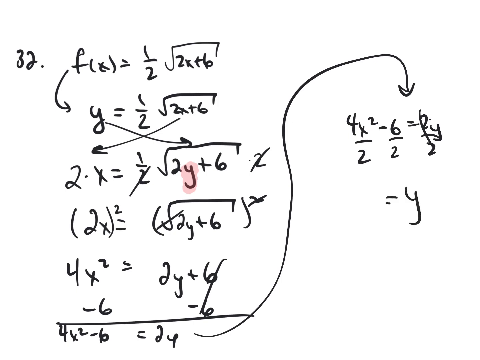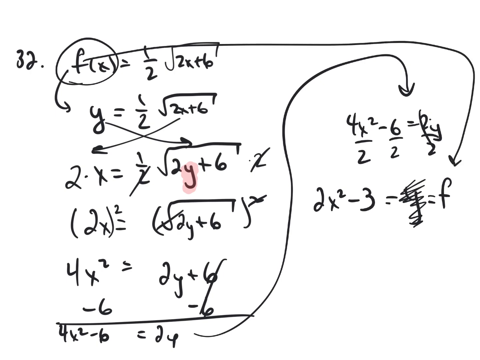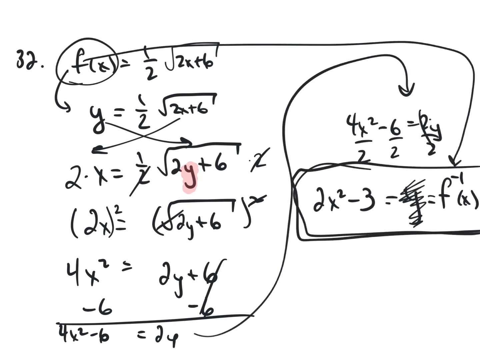So y is going to be equal to 4 divided by 2 is 2, x squared, and negative 6 divided by 2 is negative 3. But again, we don't leave the y equals at the very end. We replace that then with the original name of the function, which was f, and then we use the little -1 superscript. Okay? And that then completes all of your chapter review.